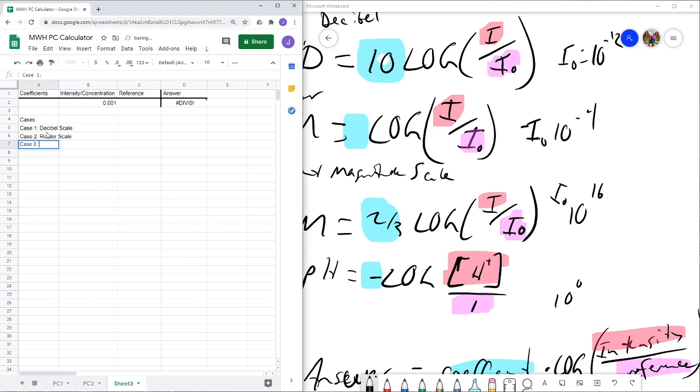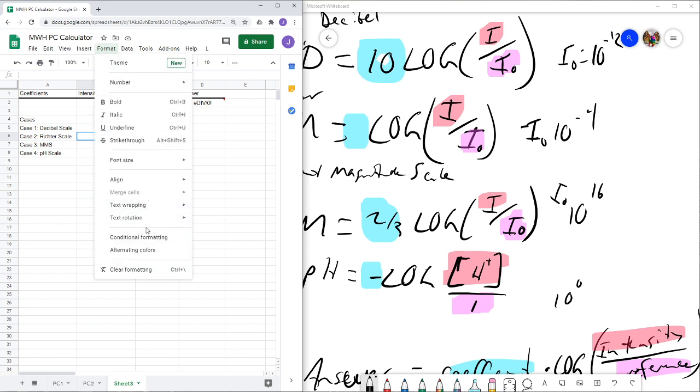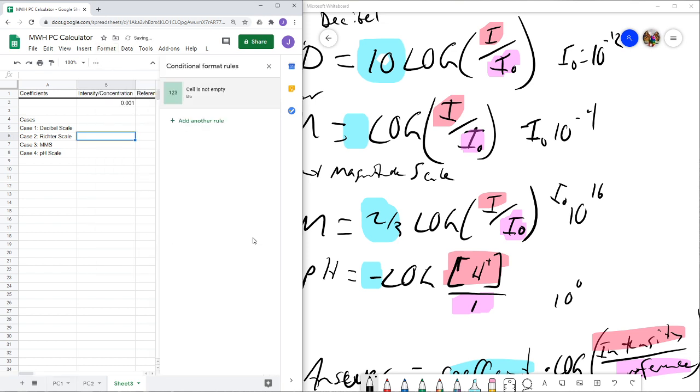Case 3, the moment magnitude scale. Case 4, the pH scale. Alright, so in this box right here, we're going to conditional format this. This is going to be the box we want to put numbers in. So let's say 1. Okay.